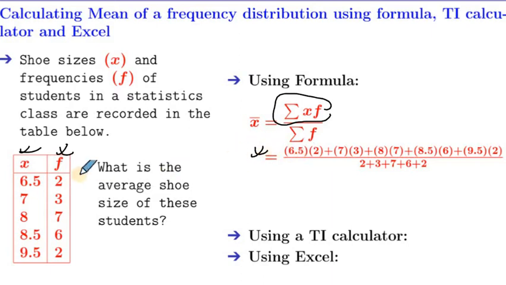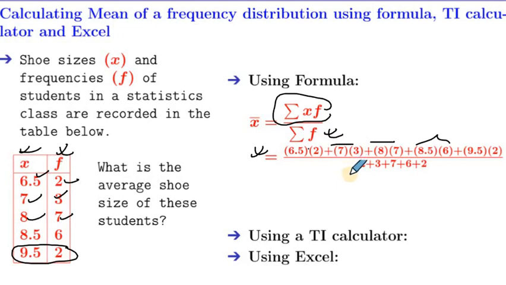So here I am taking 6.5 times 2 plus, for this one I'm taking 7 times 3 plus, for this one I'm taking 8 and its corresponding frequency, which is 7. For this one I am doing 8.5 times its frequency, which is 6. Finally I have done the same thing for this one too.